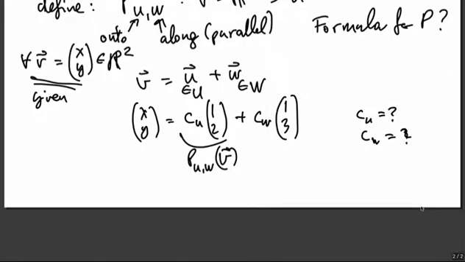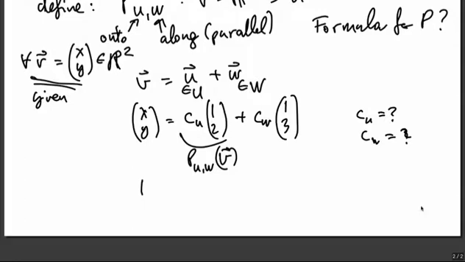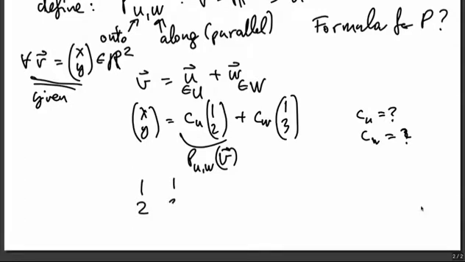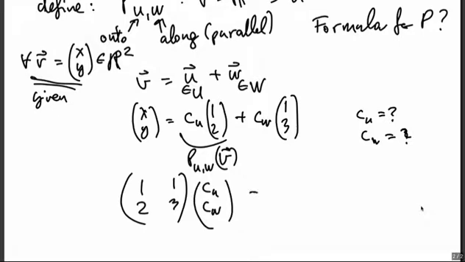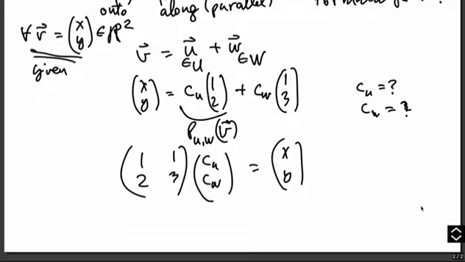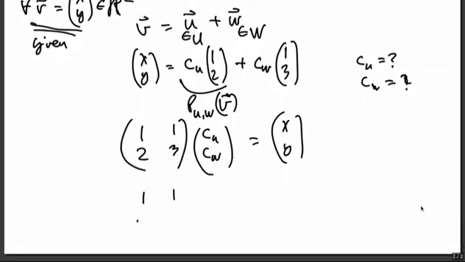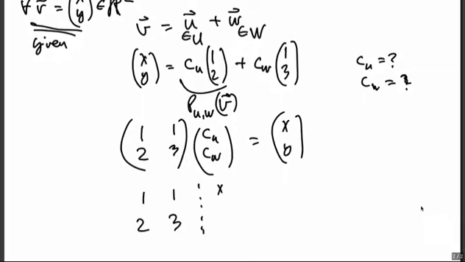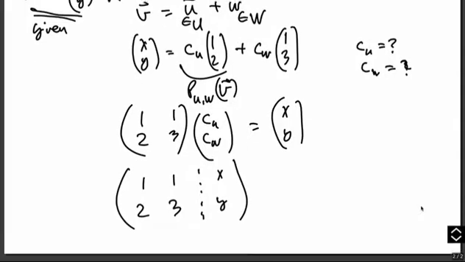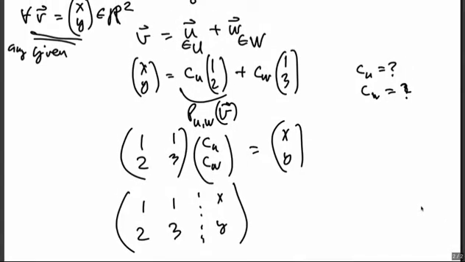So this is actually a linear system of equations. We can also write this as the matrix 1, 2, 1, 3 times the column vector Cu, Cw, equals xy. So we have to solve a linear system. You have to use the reduced row echelon form of the augmented matrix. This is not a homogeneous system, so we have to solve for any given xy vector.